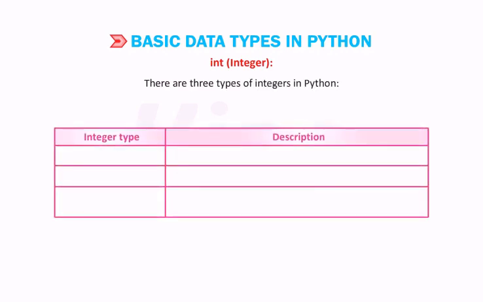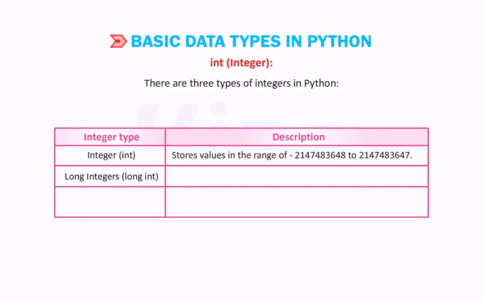Integer type, description. Integer, int, stores values in the range of -2147483648 to 2147483647. Long integers, long int, support the values that lie beyond the range of integers.